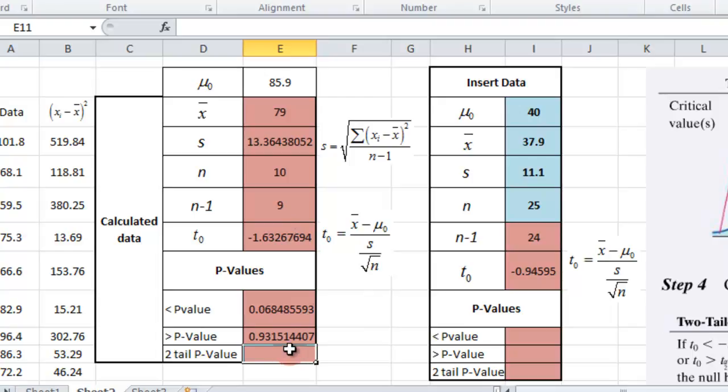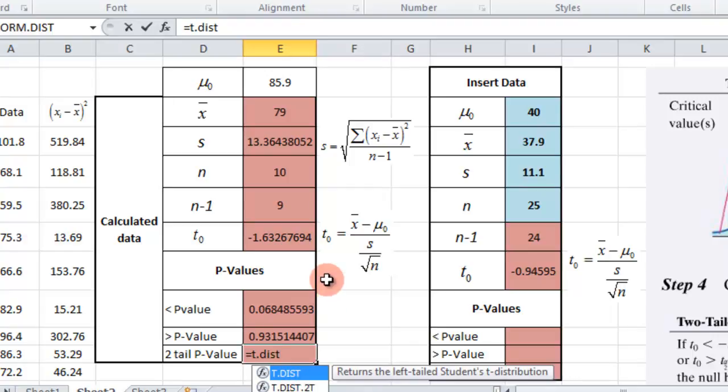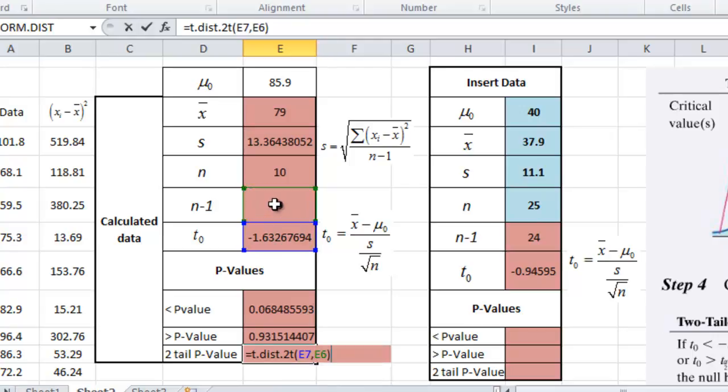Now the two tail, that's equal to t.dist, and then you have a two tail dot 2t, the t-statistic, comma, the degrees of freedom, and that would be in both tails. Now we have an error here because this value is going to be a positive value always. So in case we do get a negative value for this, let's go into here and just make this the absolute value.